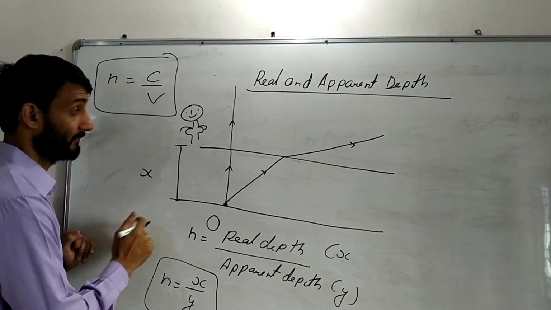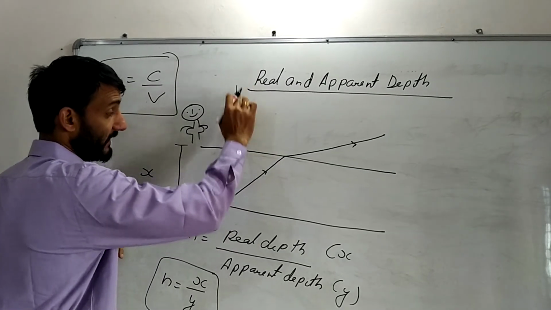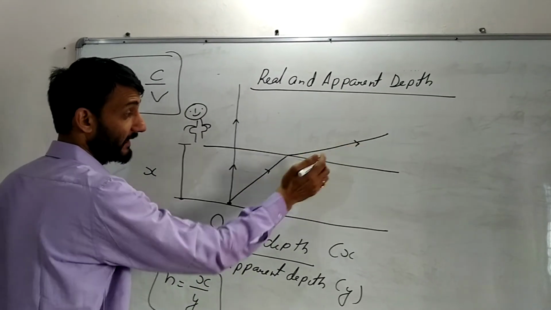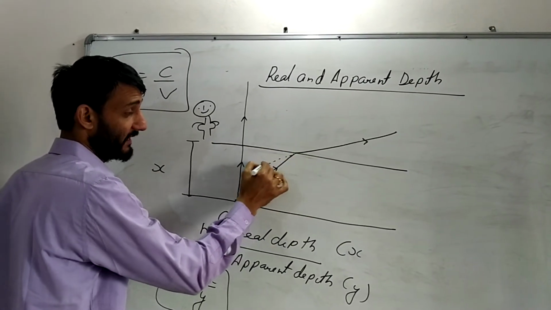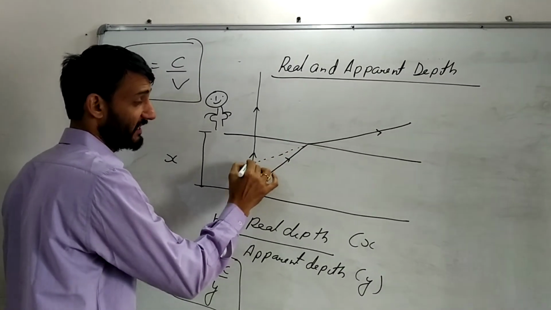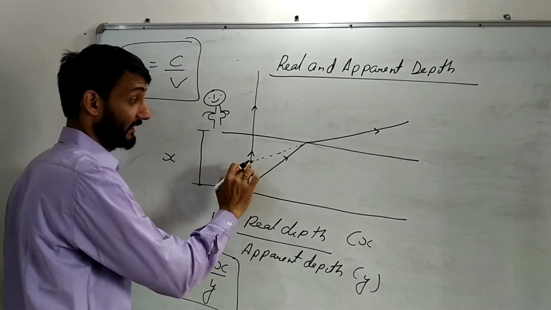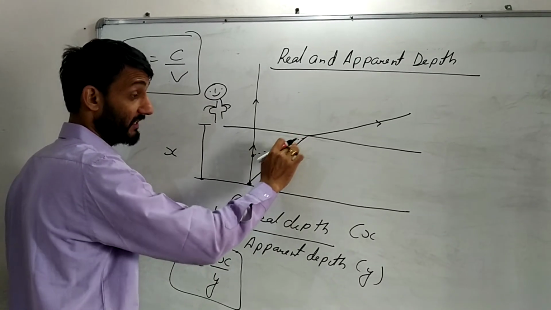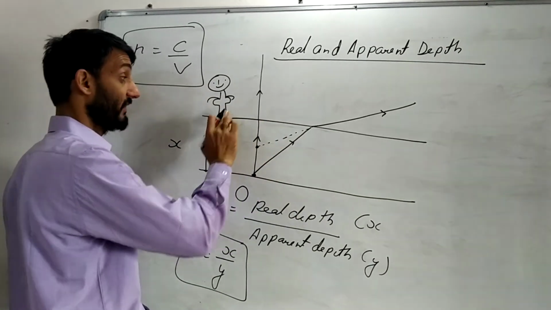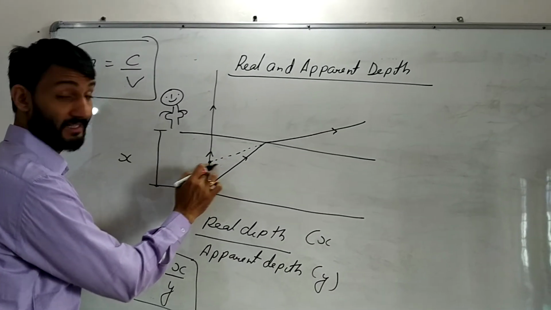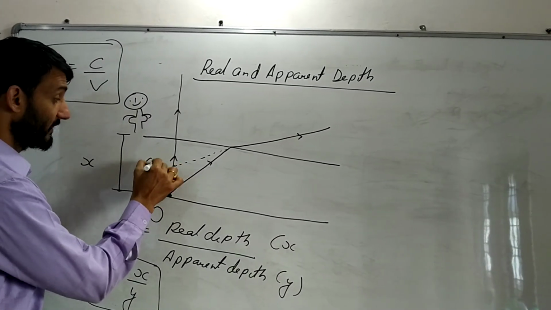So why is it so? Because this light is getting refracted like this. If you extend this light ray backward, these two light rays meet here. These two light rays are not actually meeting, but because of the refraction of light, it seems to us that they are meeting here. So this will be the image of the object.